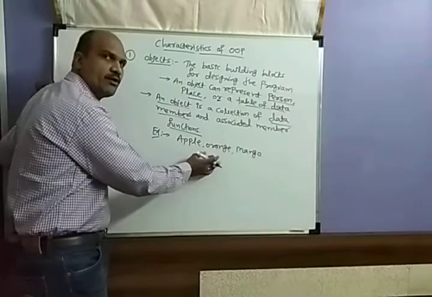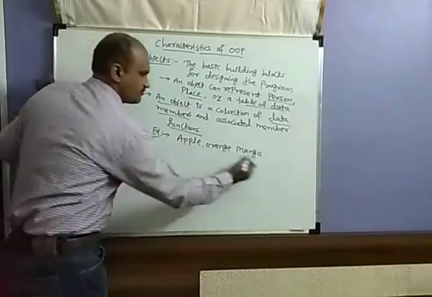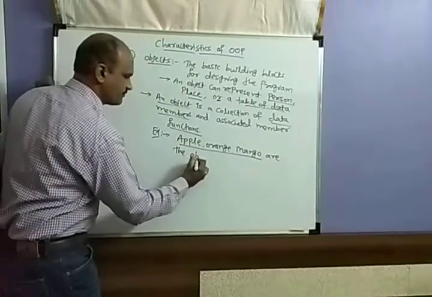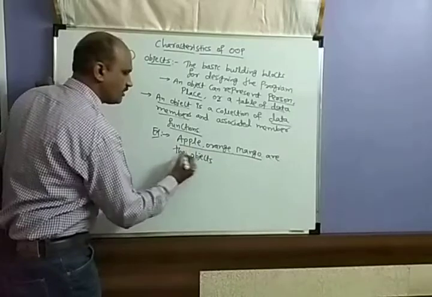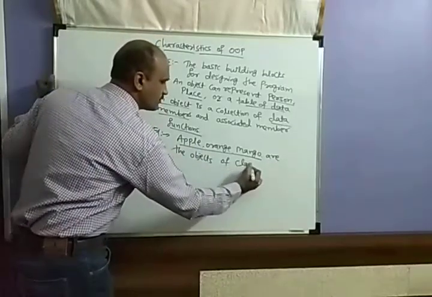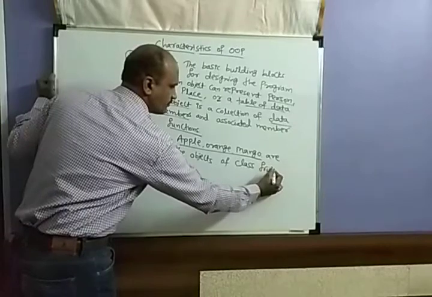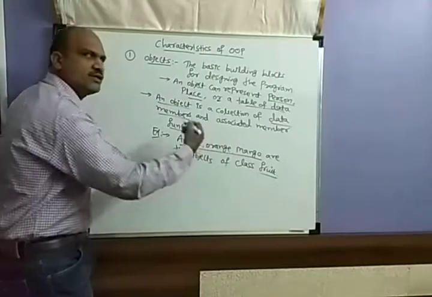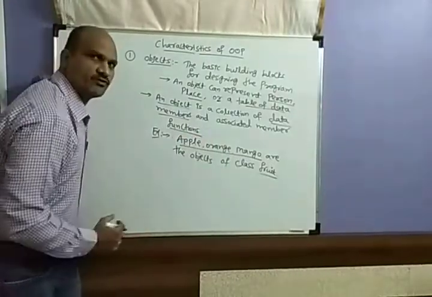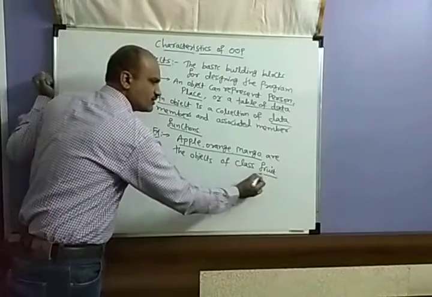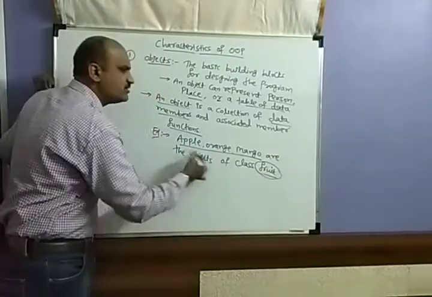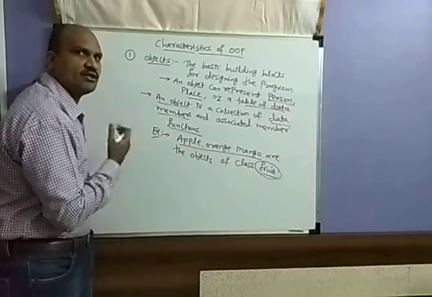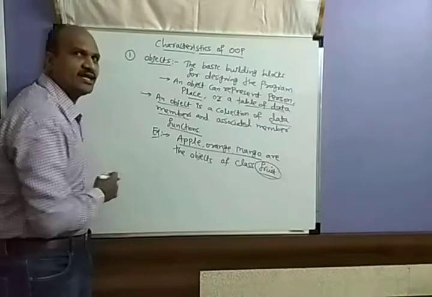Apple, mango, and orange are the objects of class fruit, because apple, orange, mango, and whatever other fruits will also be included in that class. The class is the fruit and these are the objects. Objects may be a person or a place. So this is an example.